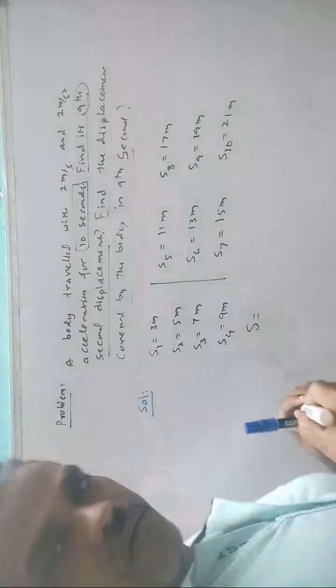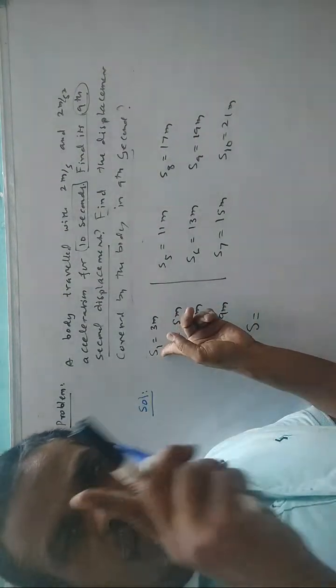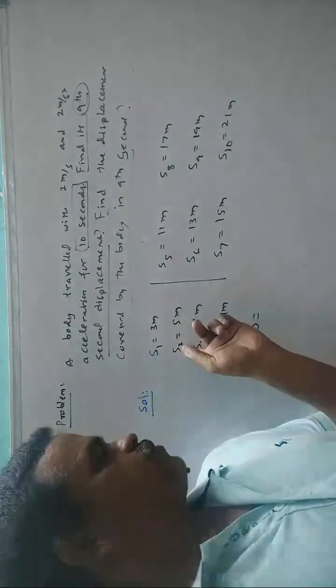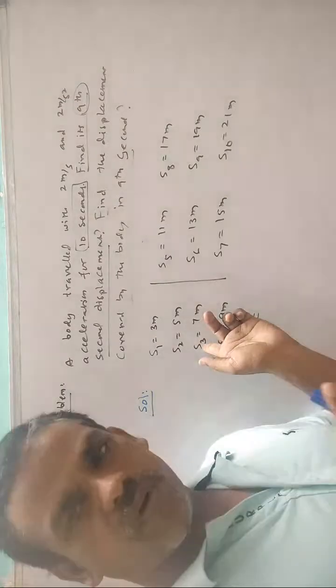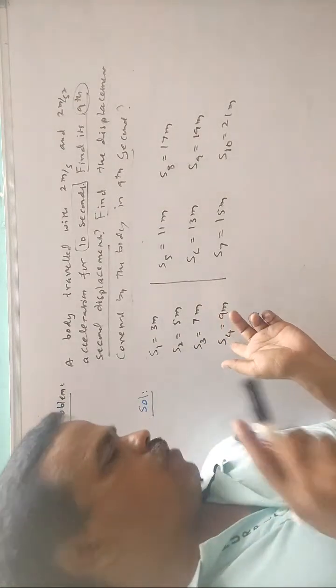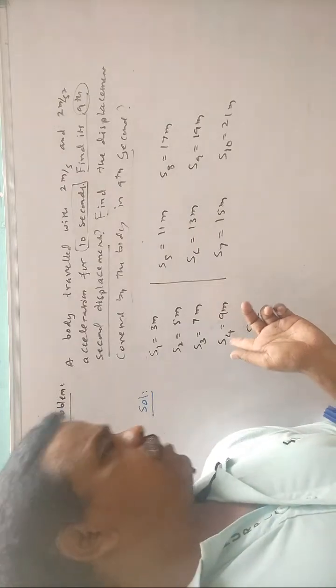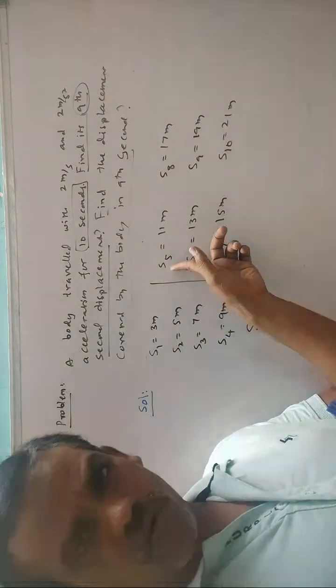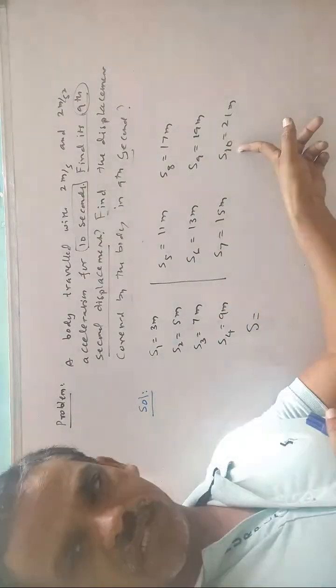Up to now we calculated the displacement covered by the body in first second, displacement covered by the body in second, displacement covered by the body in third second, fourth second, fifth second, like that up to 10 seconds. Up to 10th second we calculated here.